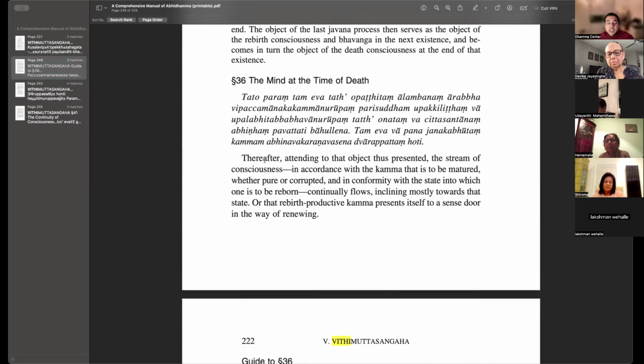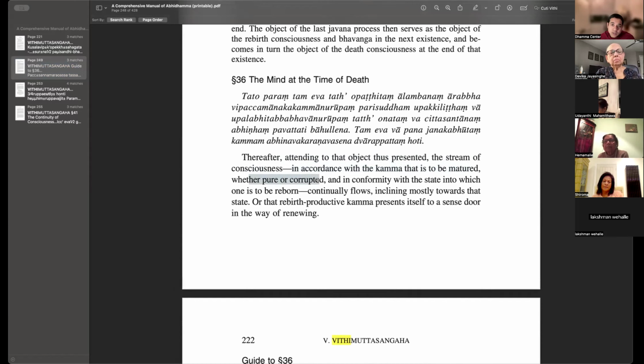Thereafter, after the arising of kamma nimitta or gati nimitta, attending to that object thus presented, the stream of consciousness, in accordance with the kamma that is to be matured, whether pure or corrupted, whether a kusala kamma or an akusala kamma, and in conformity with the state into which one is to be reborn, the linking of mind to suit the place that you're going to be born in, in accordance to the karma that is now present as object, right?